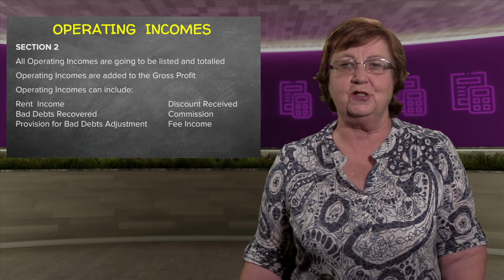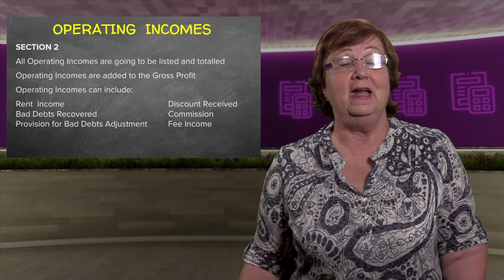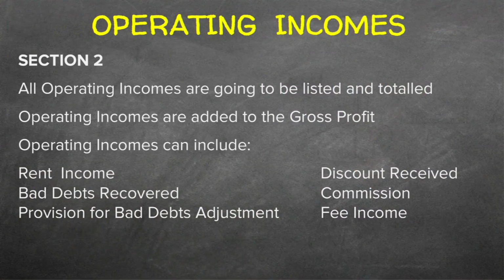So in section 2, we are going to list all our operating incomes. So section 2 concentrates on our operating incomes. We're going to list them, we're going to add them, and we are going to add them to our gross profit, because that will give us our gross operating income, but we'll get to that. So what operating incomes can be included?